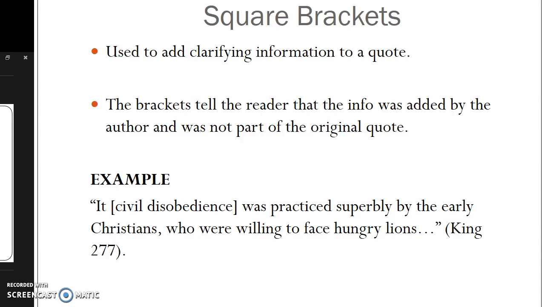But if I were to use this quote in an essay, my reader wouldn't know what it referred to without the context. So what I've done is I've added civil disobedience to clarify what it means. So anytime you see information in square brackets within a quote, that means the author has added that information in order to clarify the quote. And you can do that too in your writing.